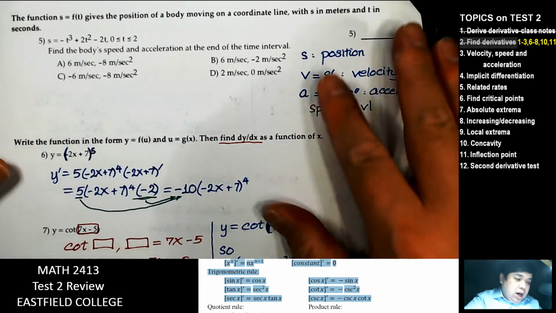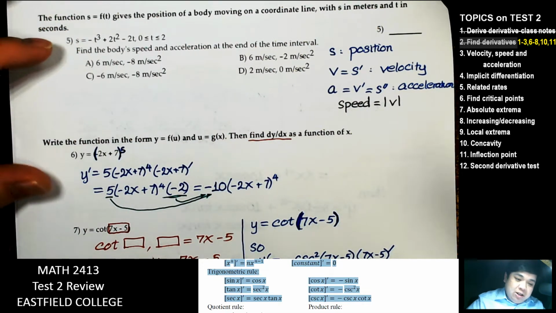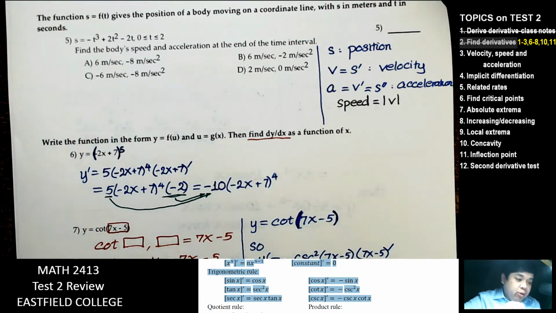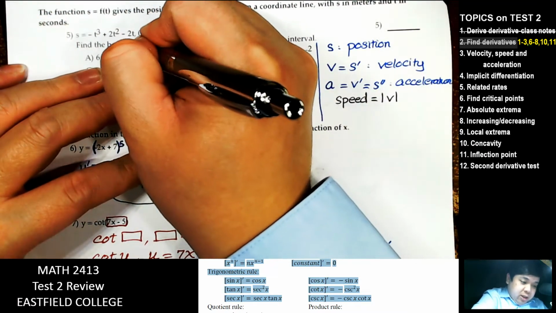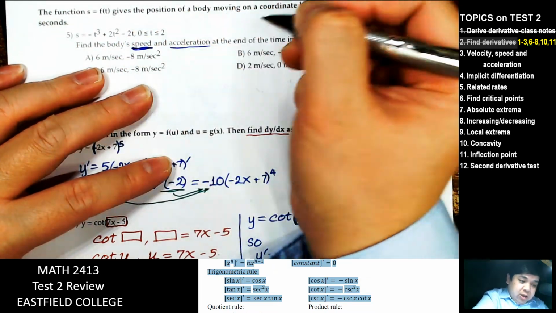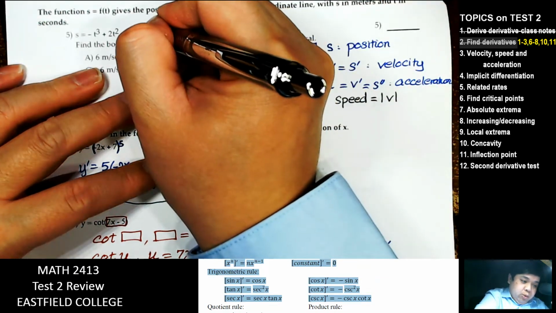Right. So we just need to take derivatives pretty much. Read the question carefully though. They want the speed and acceleration at the end of the interval, meaning 2.